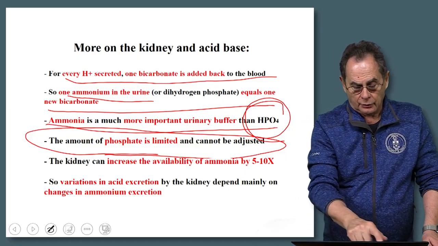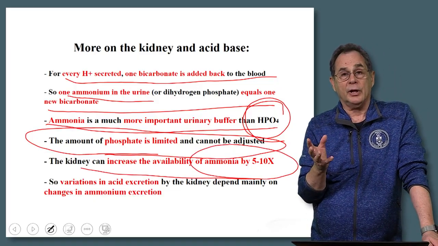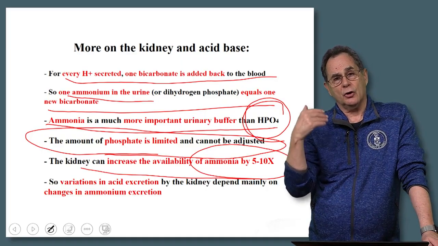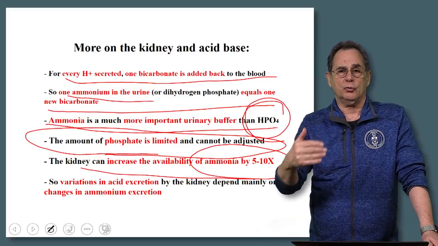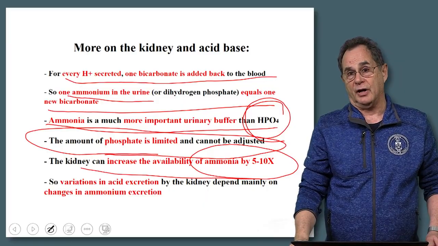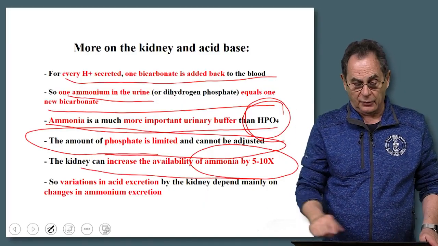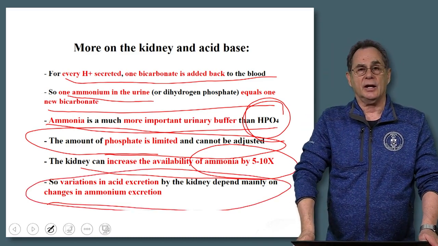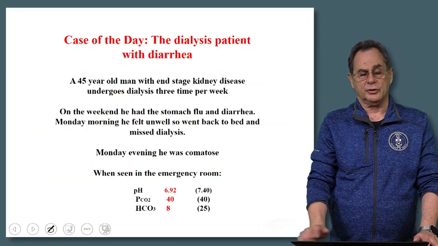However, the kidney can increase the availability of ammonia and ammonium 5 to 10-fold, which gives us an opportunity to increase bicarbonate generation should we be challenged by increased generation of hydrogen ion or increased loss somewhere else of bicarbonate. So variations in acid excretion in the kidney are dominantly dependent on changes in ammonia excretion.